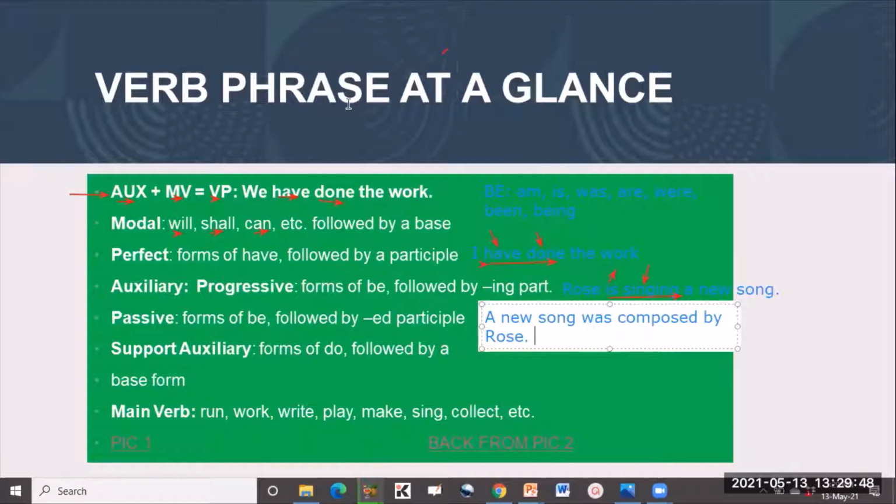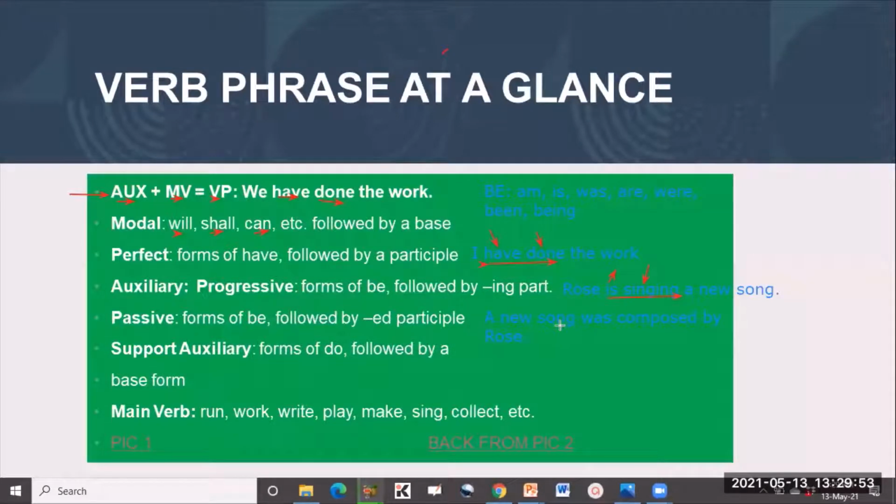All right, so again here we want to look at was composed. This is the verb phrase was composed. A new song was composed by Rose. So here we are using the passive form, and the passive form enables us to form a verb phrase here. All right, here we have the active form, and we are combining the auxiliary with the present participle.